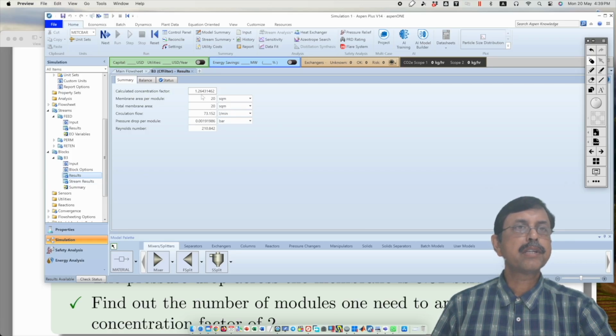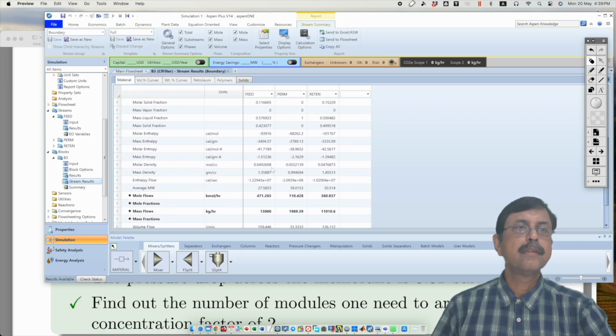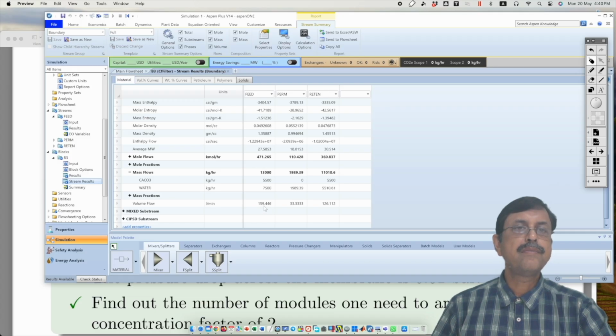So the concentration factor is 1.2643. So what is concentration factor? It is V feed by V retentate. So just go to stream result and see. Your V feed is 159.446 and V retentate is 126.112.